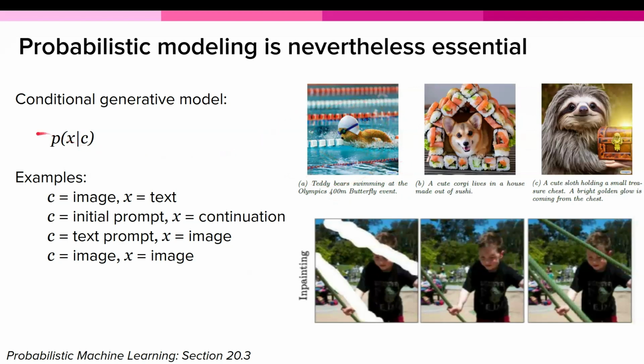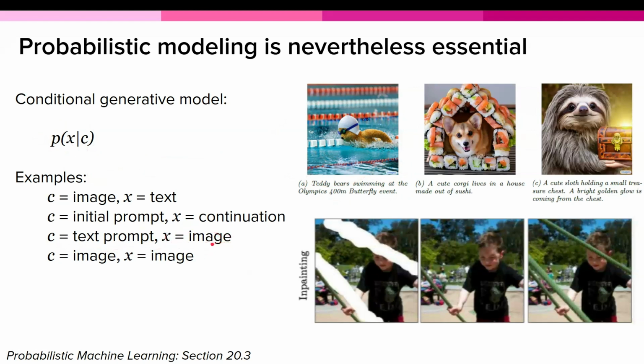And what's happening here is it's conditioning the probability distribution over X on a particular condition C. In this particular case, you're providing a text prompt, and it's giving out an image.